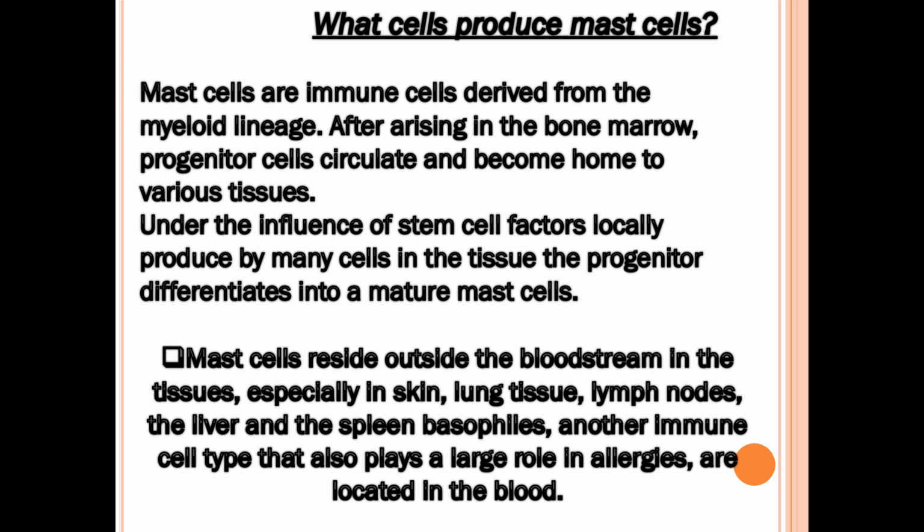The mast cells reside outside the bloodstream in the tissues, especially in the skin, lung tissue, lymph nodes, the liver, and the spleen. Basophiles, another immune cell type that also plays a large role in allergies, are located in the blood.